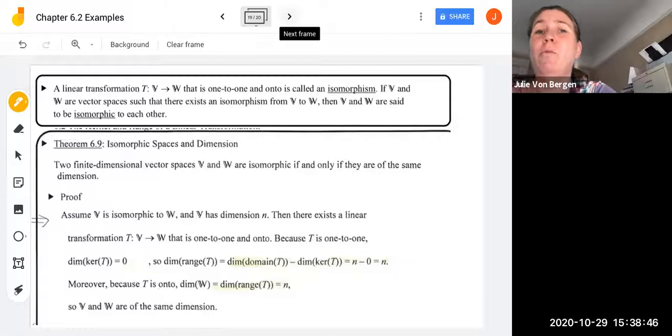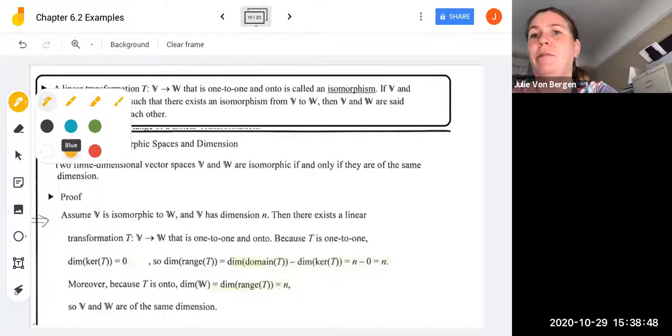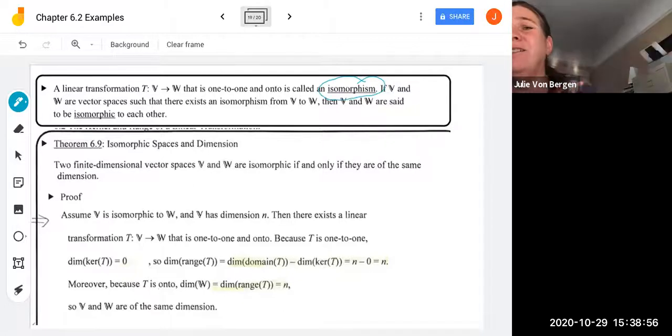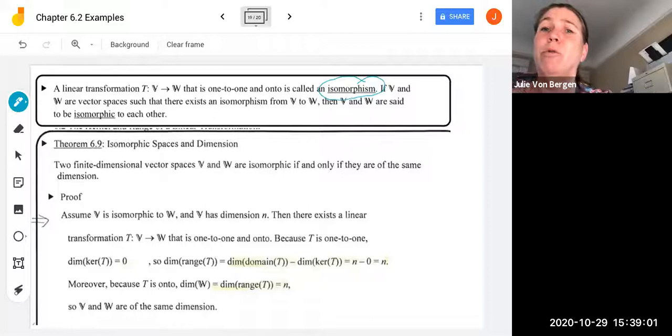All right, so let's talk about what is an isomorphism. So a linear transformation that is both 1-to-1 and onto is what we call an isomorphism. And then if V and W are vector spaces such that there exists an isomorphism from V to W, then V and W are said to be isomorphic to each other. So we say the transformation that's 1-to-1 and onto, that's the isomorphism.